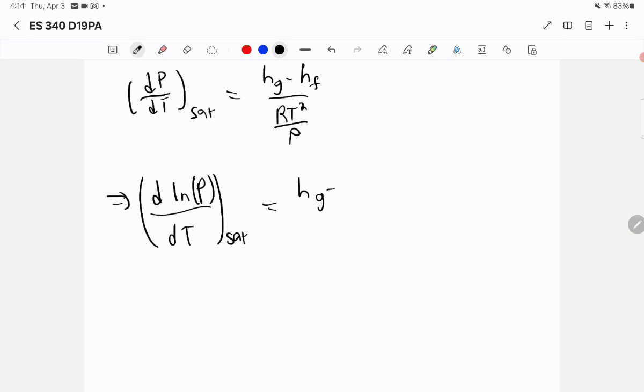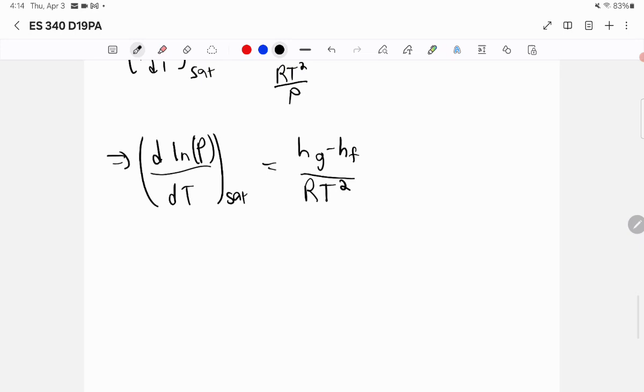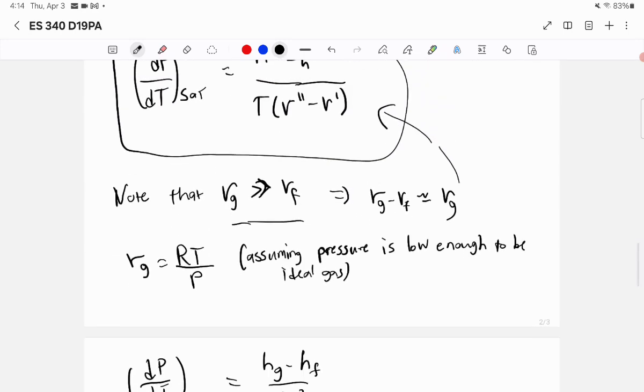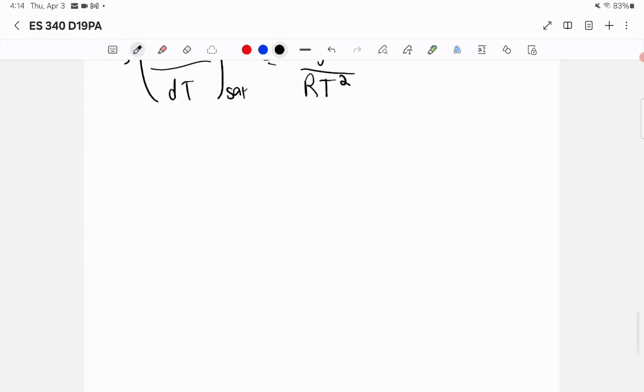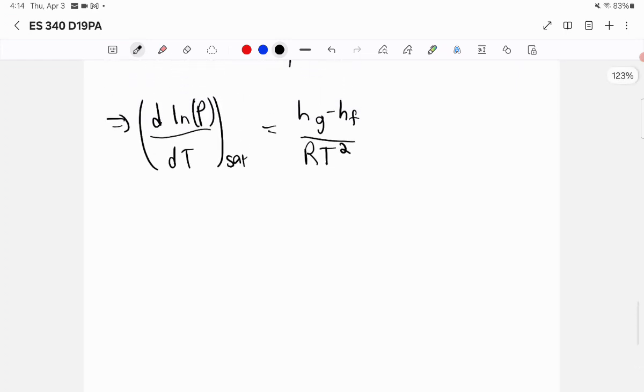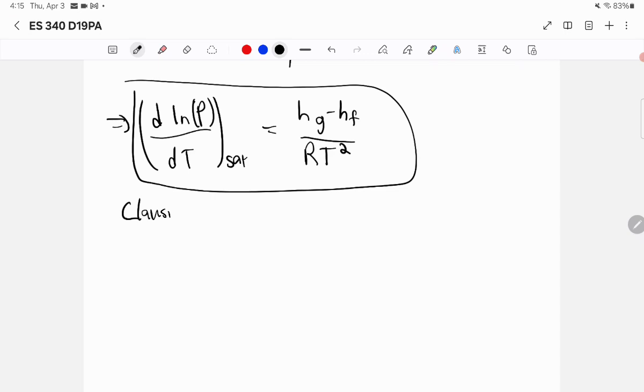And so what we're left with is hg minus hf over RT squared, in this scenario, assuming that it's an ideal gas and that the specific volume is very large relative to the liquid value. So this actually becomes the Clausius-Clapeyron equation.